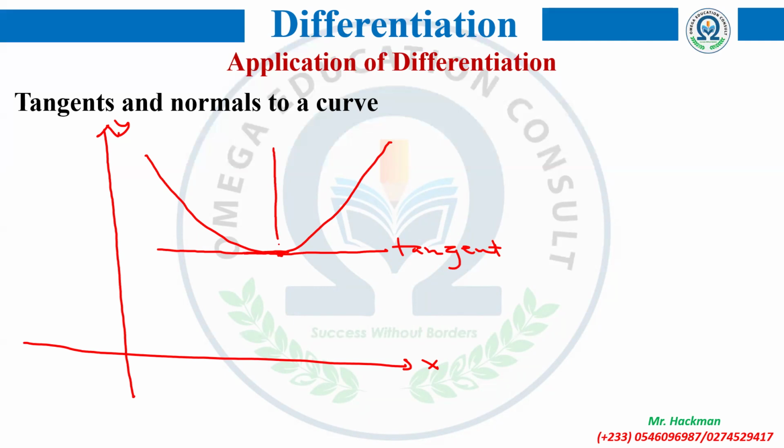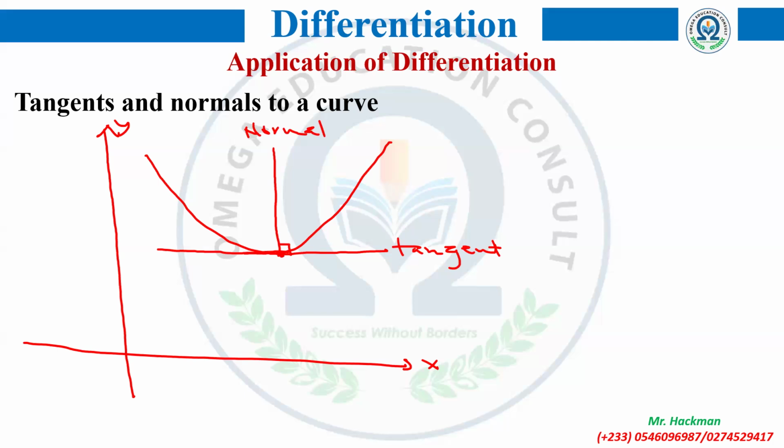So if at this point I draw a line to meet this tangent line, this line is what we call the normal. So normal indirectly is another term for perpendicular line. But it's always perpendicular to a special line, which is the tangent. If the line is not a tangent, we don't call it normal. Is that clear?